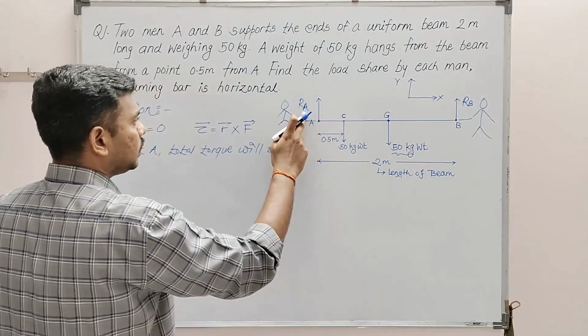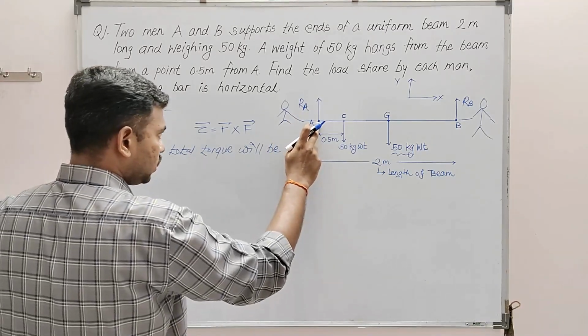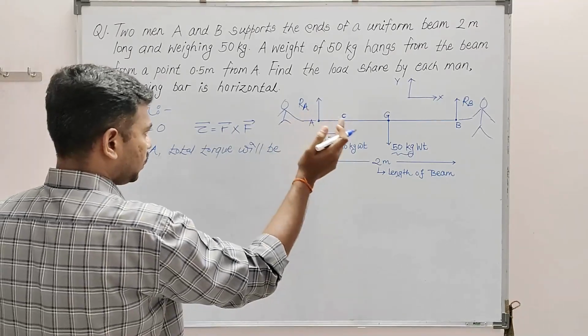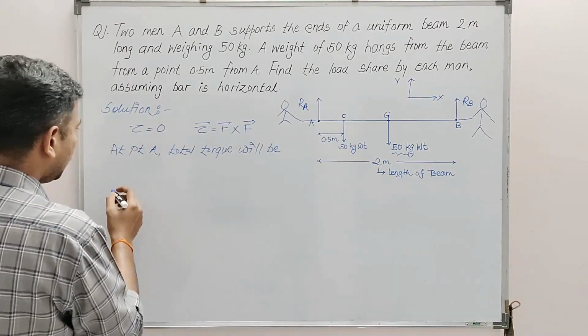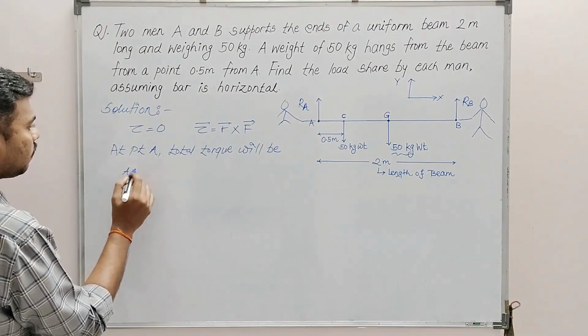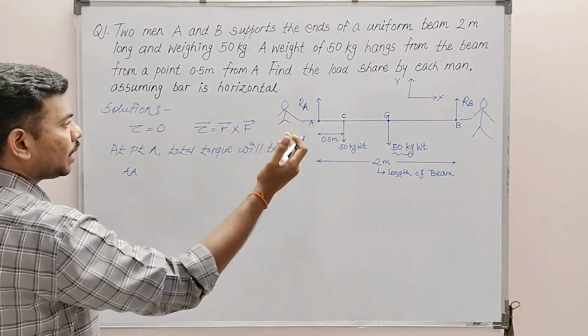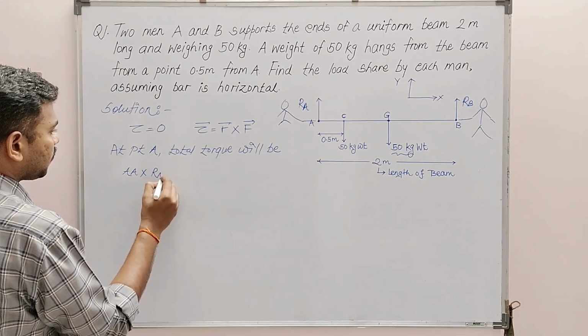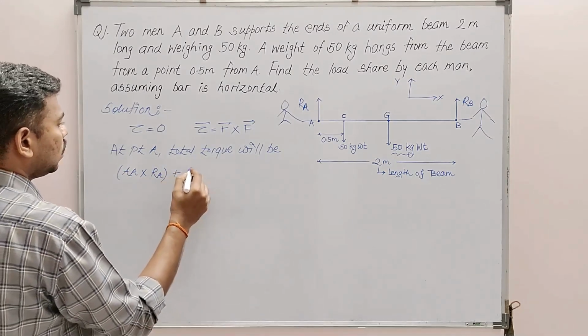Now we can't take this force because at this location force is there. So the radius vector for this case is 0. So even though we can write that equation, that is AA vector, let us consider it is a 0 vector cross RA. Now this is one torque.